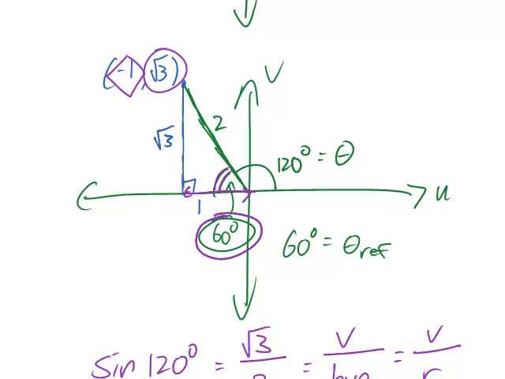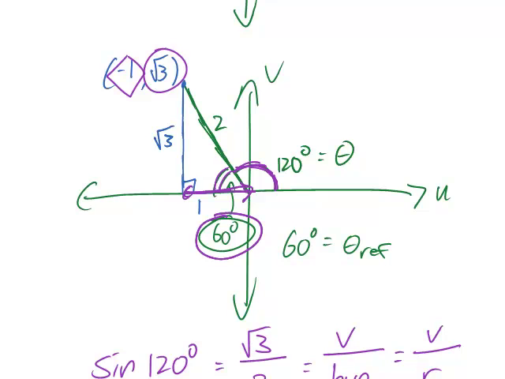So for this angle, the adjacent side is 1. But this angle, 120, the one I'm making purple here, is not the 60-degree angle. It just happens that we use that reference angle, that 60-degree angle, to help us find the sides of the triangle and get the coordinates of the point minus 1, root 3.